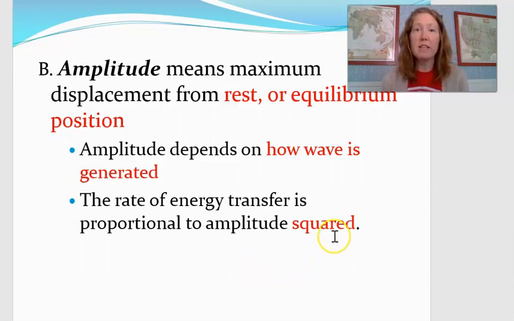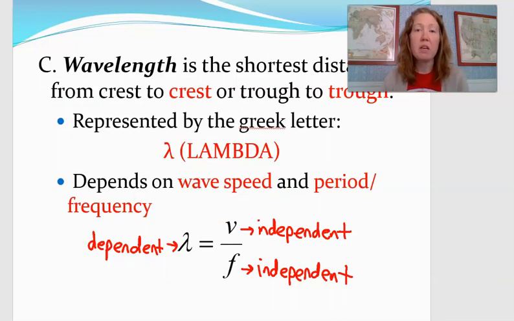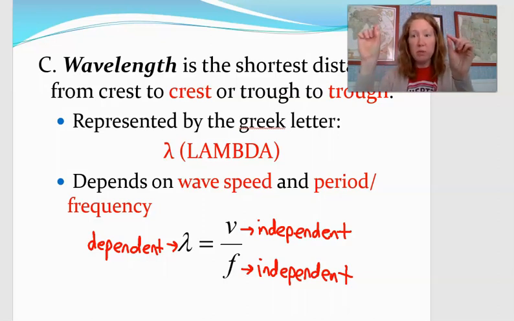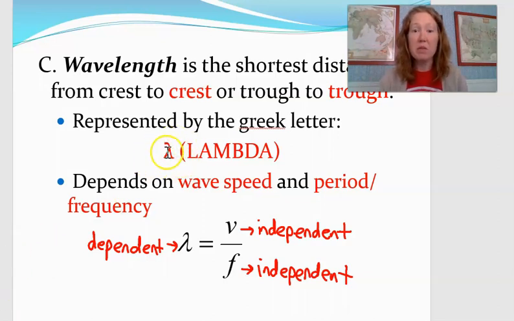Then wavelength is a characteristic you've probably measured in math, but I'm not sure you called it wavelength. It's the distance from one peak to another peak. In physics, we call them crests, or you can measure it from a valley to a valley. In physics, we call it trough to trough. We're using the variable lambda to represent wavelength.